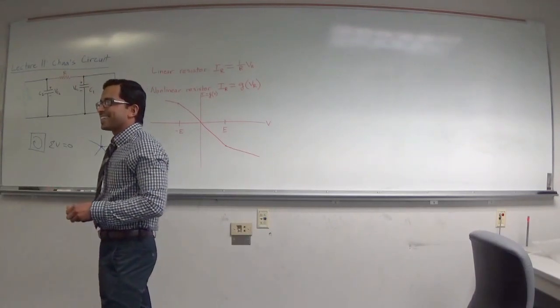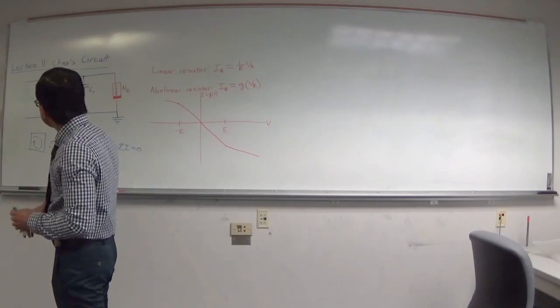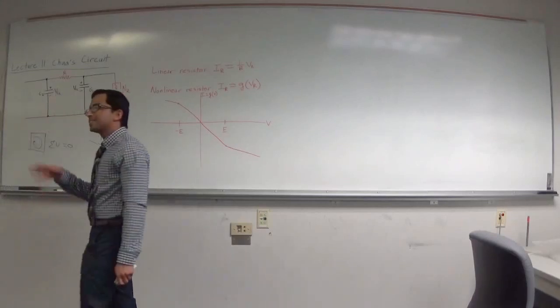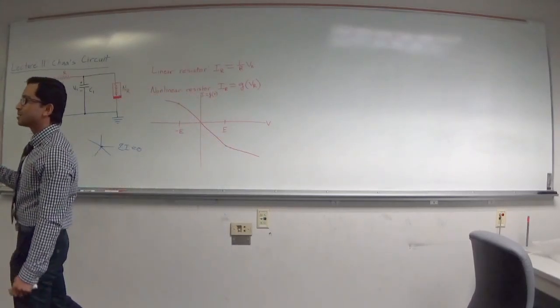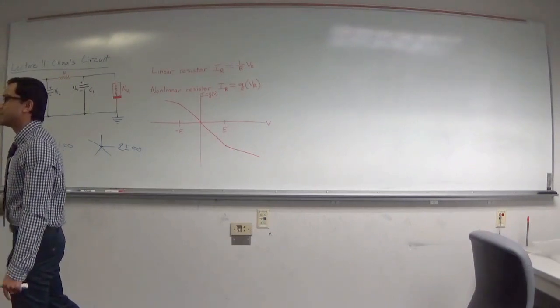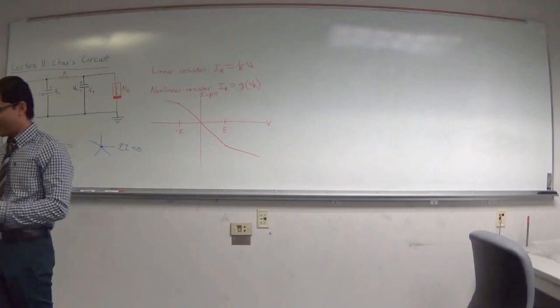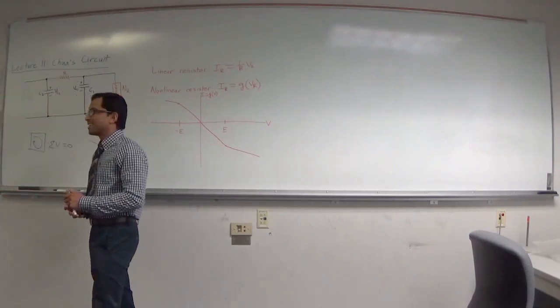Yeah. So okay, is it the derivative of current times something equals the voltage, or the derivative of voltage times something equals the current? Because we want first order equations, right? Oh, is the derivative of voltage equal to current?